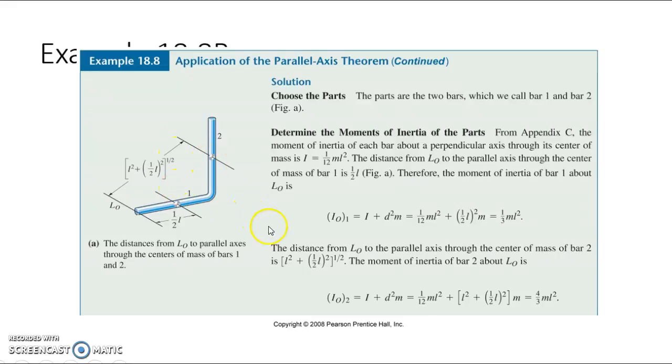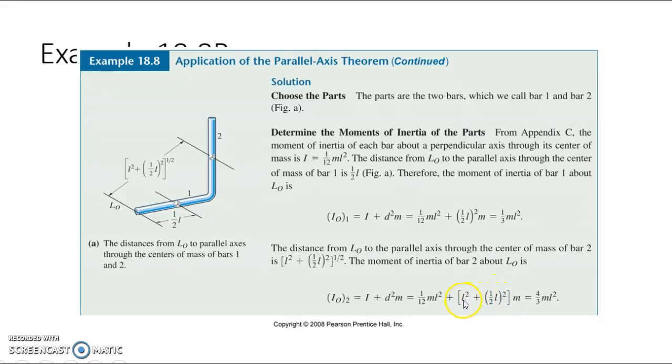Then I apply the parallel axis theorem again. So the moment of inertia of the vertical bar about a line going through point O here, the end, is equal to the moment of inertia about a line going through its axis, which we know is 1/12 m L squared, plus the mass times d squared, where d is the distance between them.